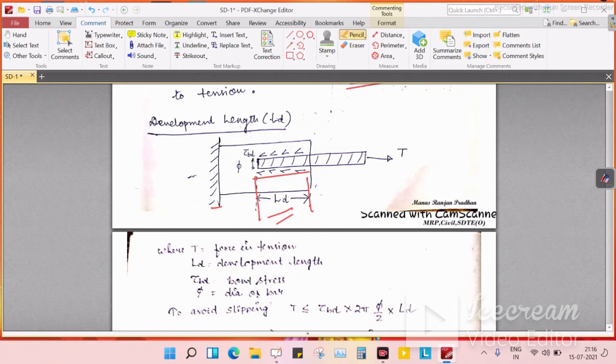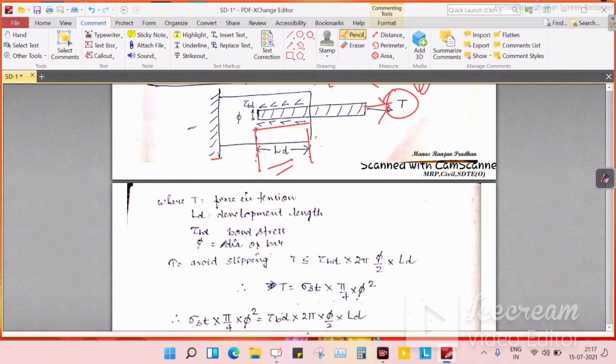So this is the tensile force. Okay, so when will it slip? When this tensile force is greater than the force generated due to bond stress. So to avoid slipping, the tensile force should be less than the force generated due to bond stress.